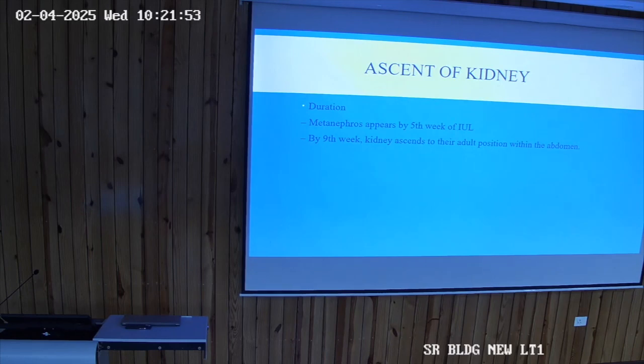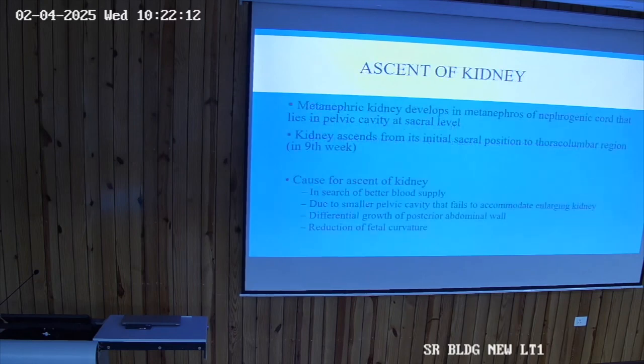So there are these factors which help in the ascent of the kidney. The ascent of the kidney takes place in the 9th week. So urine formation is in the 12th week, and ascent of the kidney takes place in the 9th week of intrauterine life. These factors are: search for better blood supply due to the smaller pelvic cavity, then differential growth of the posterior abdominal wall, and the last one, decrease in the curvature.